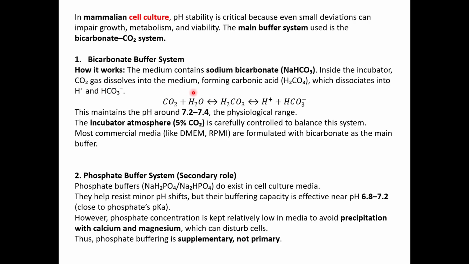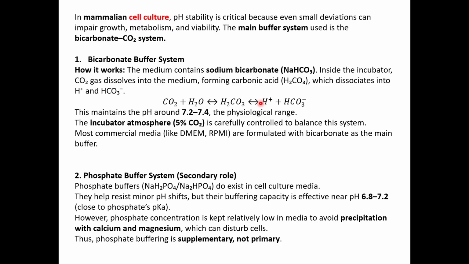So when CO2 gas dissolves into the medium, which contains sodium bicarbonate, there is formation of carbonic acid, which then dissociates into H plus and HCO3 minus ions. So CO2 plus water, that is present in the medium, will give you H2CO3, which will then again dissociate into H plus and HCO3 minus. So there is generation of the H plus ions here.